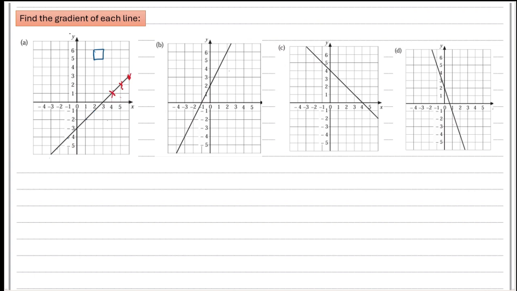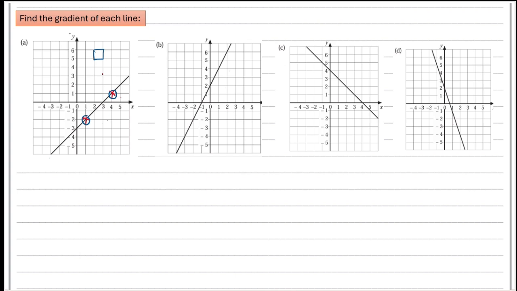And so do all of these points. Now we select 2 of these points. Let's say that we select this one and this one, and then we are going to ignore the rest.